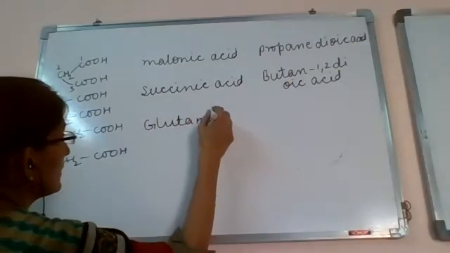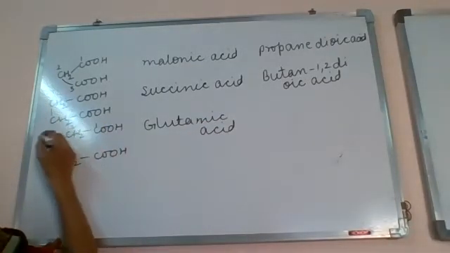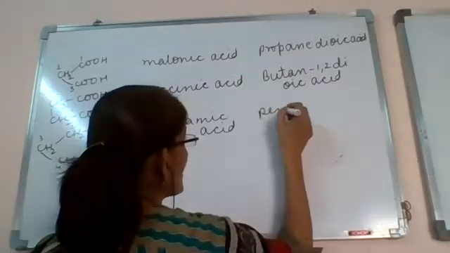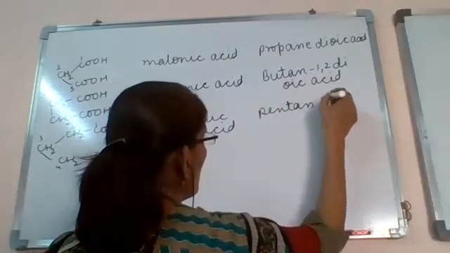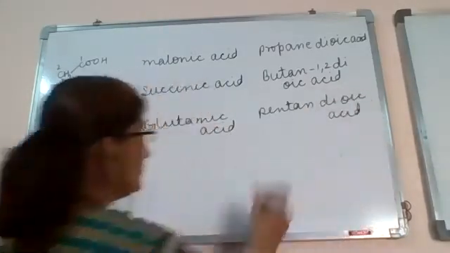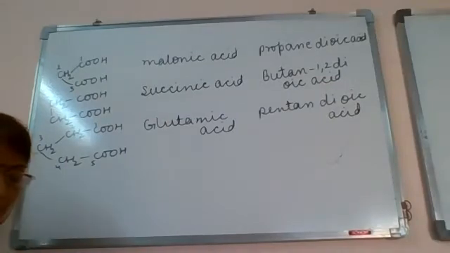Glutamic acid. And its IUPAC name will be pentane dioic acid. 5 carbons. Pentane dioic acid, or simply we can write pentane dioic acid.